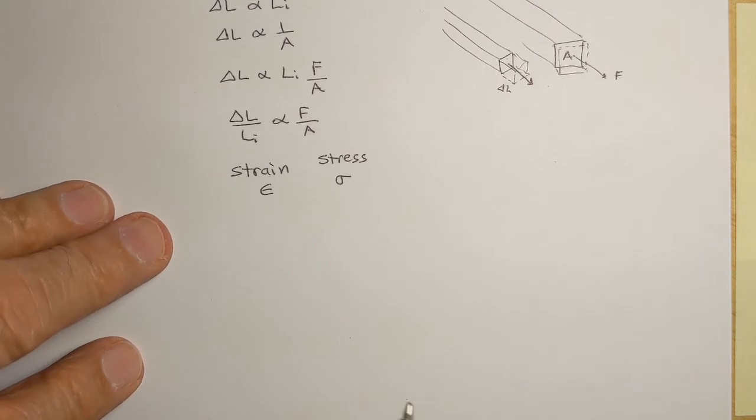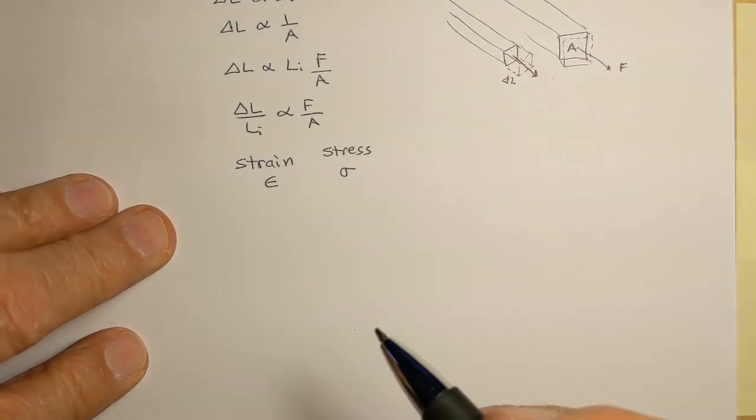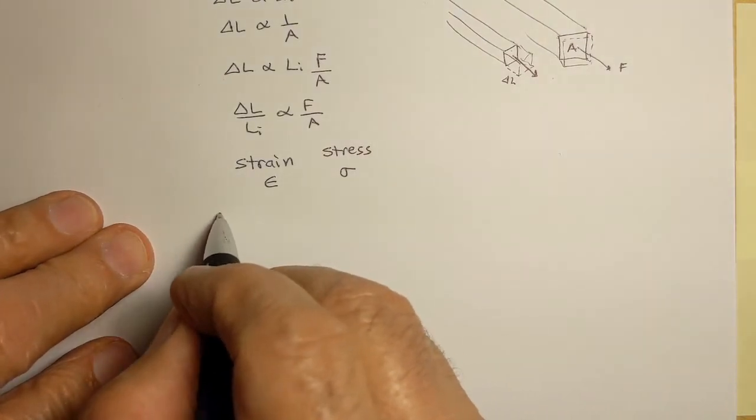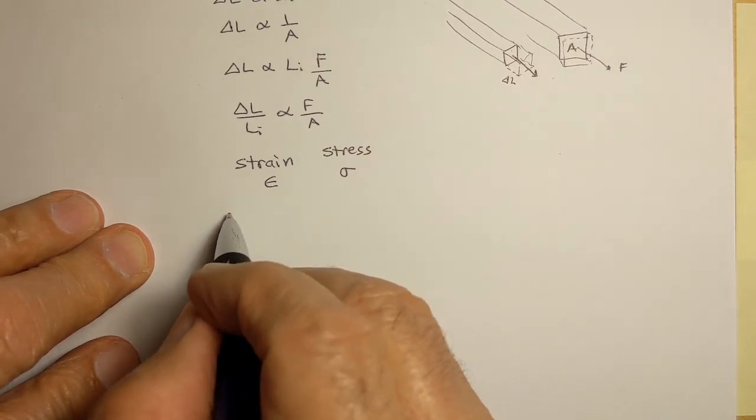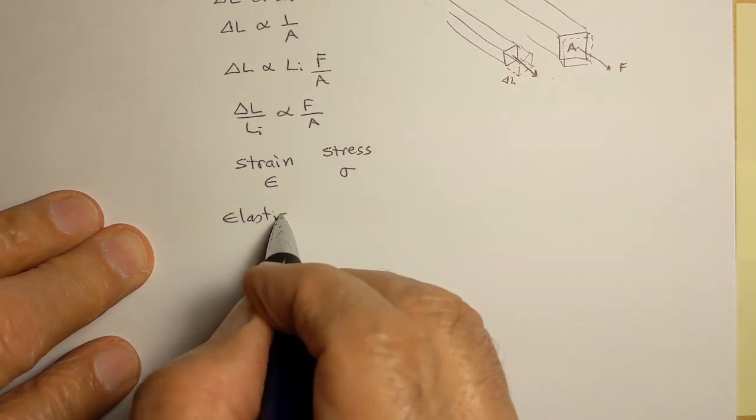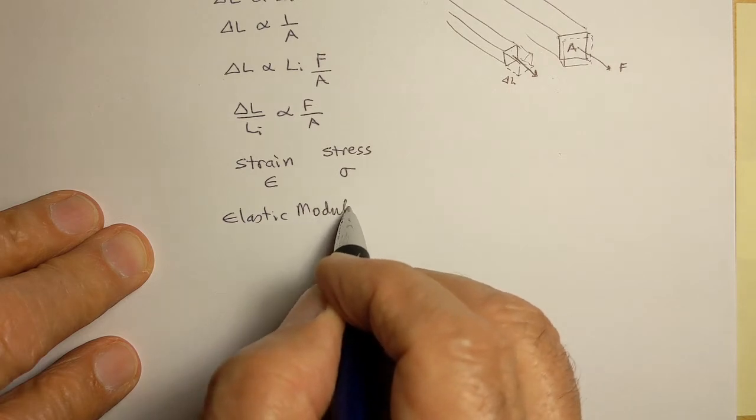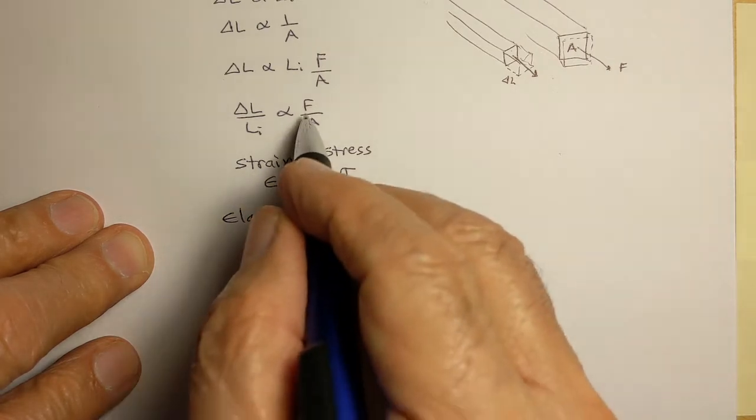And we will have a proportionality constant, which is called the elastic modulus. That is the ratio of these two.